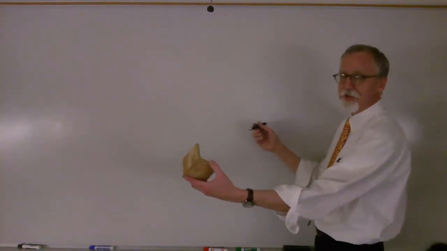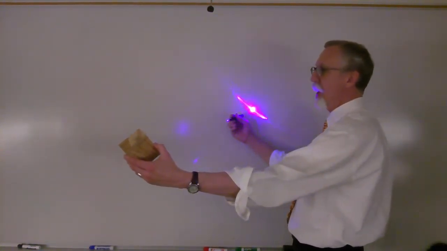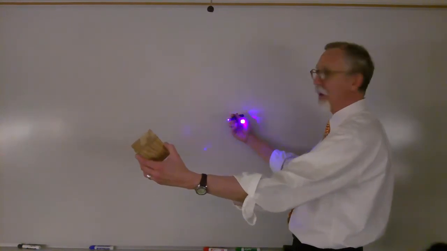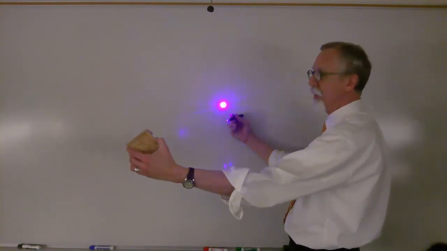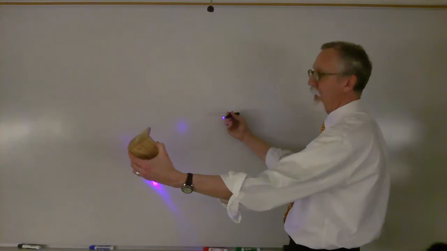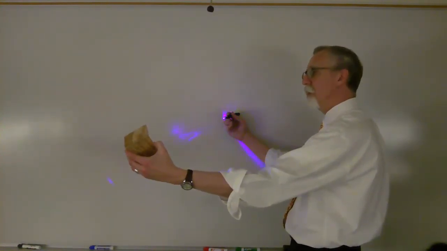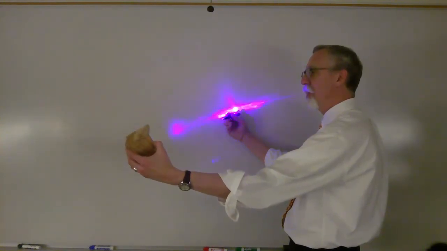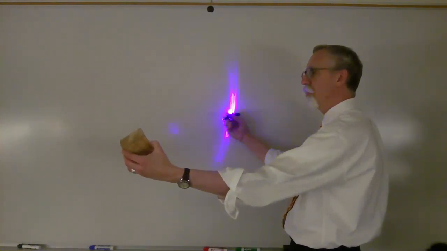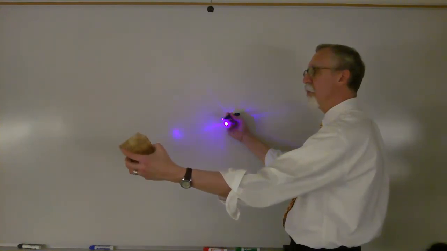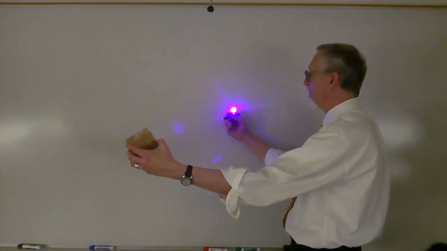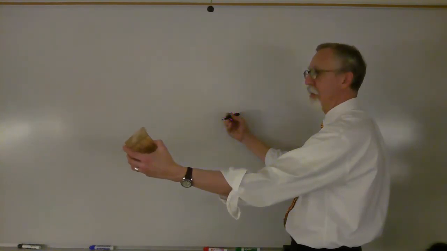I'm going to shine this at the retroreflector, and you'll notice that it gets reflected back to my hand, and I can rotate this retroreflector. I'm trying to keep it pointed at the same time, and you'll notice that the ray is reflected back to my hand. Can you see it there on my hand? It doesn't matter how I turn the retroreflector, the ray is always reflected back towards my hand.